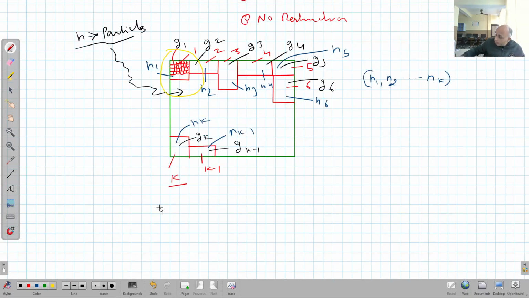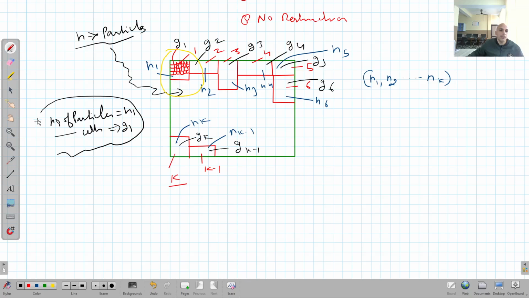So if we look at the first compartment, then in the first compartment, the number of particles is equal to N1. Clear? Number of cells is equal to Z1. Clear?